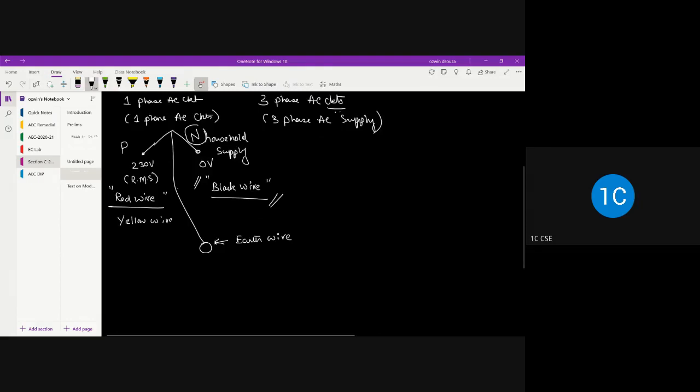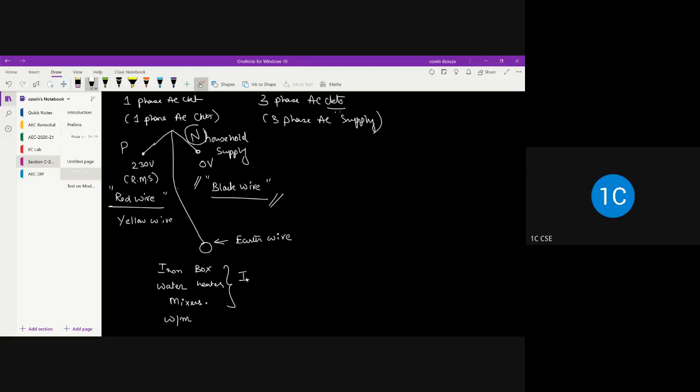This earth wire is normally found in appliances where the power requirement is very large, for example, iron box, water heaters, mixers, washing machines, etc. All these appliances work on very high power levels.